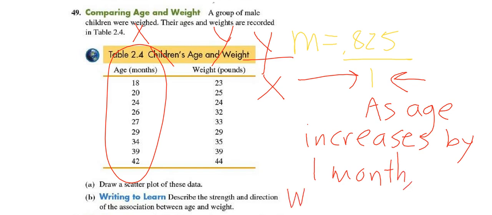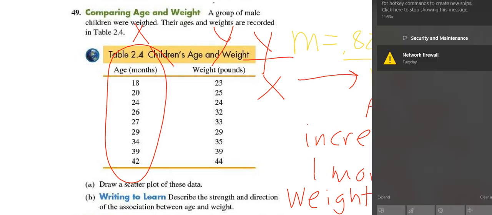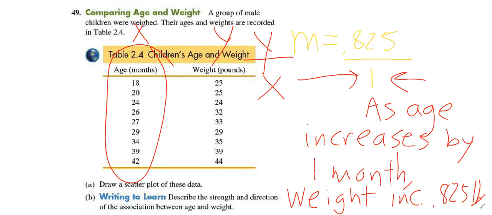Ah, yes. Weight increases by 0.825 pounds. Oh, come on. I didn't do that. Sorry. You need to be able to do that. Yes, if it helps you, put a 1 under there.